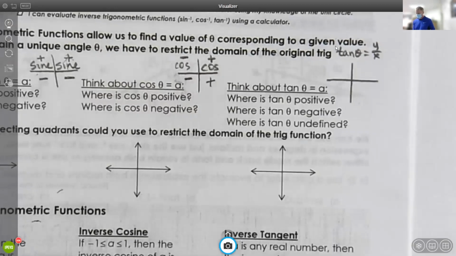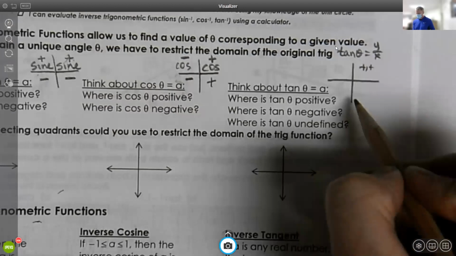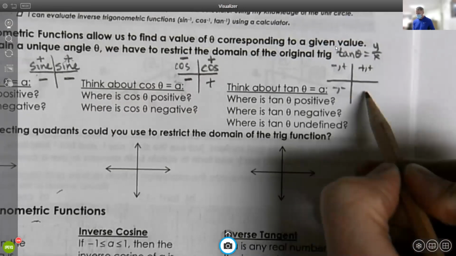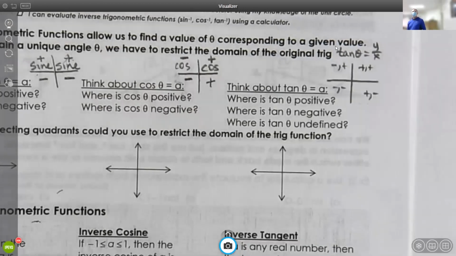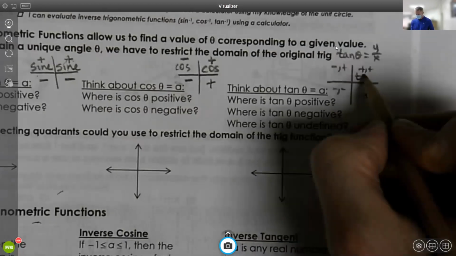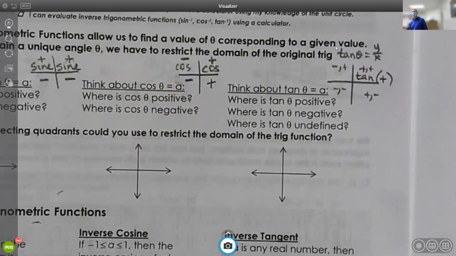So if we know that this quadrant is plus plus, and this one is minus plus, and this is minus minus, and this is plus minus, tangent is going to be positive, of course, in the first quadrant, because you have your fraction plus over plus. A positive y value divided by a positive x value gives you a positive tangent.